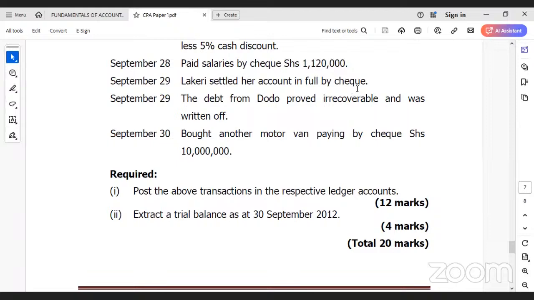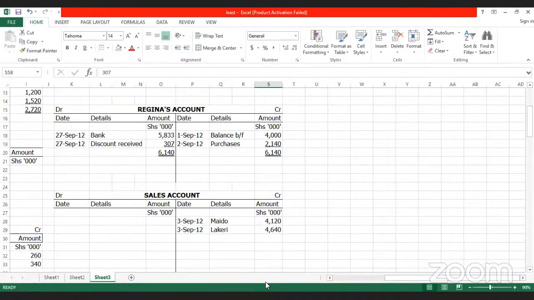Let's prepare those accounts. Bank account, we already have it. Which account are you going to debit and which account are you going to credit? We are debiting the bank, crediting the salary account. No. Debit the salaries. Paid salaries.